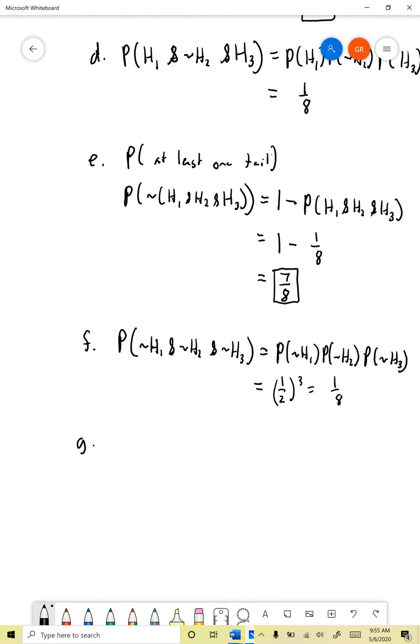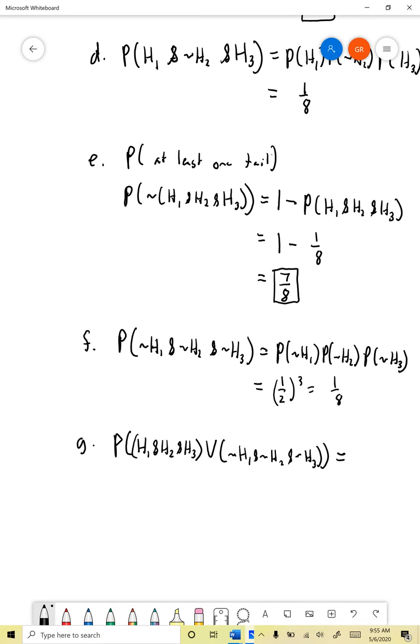And the next question we want to answer is the probability that we would get either 3 heads or 3 tails. So in our language, we could write that as either all heads, H1 and H2 and H3, or all tails, not H1 and not H2 and not H3. Now, here we have a disjunction in which each of the disjuncts are mutually exclusive. You couldn't get all heads and also get all tails.